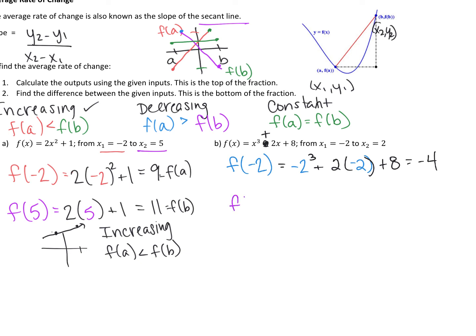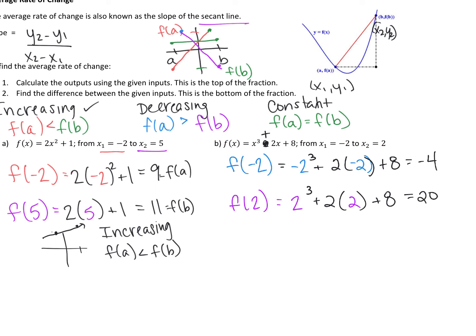Then I'm going to do f of 2. And again, this time it's 2 cubed plus 2 times 2 plus 8. That's 8, plus 2 times 2 is 4. It's 8 plus 4 is 12, plus another 8 is equal to 20.